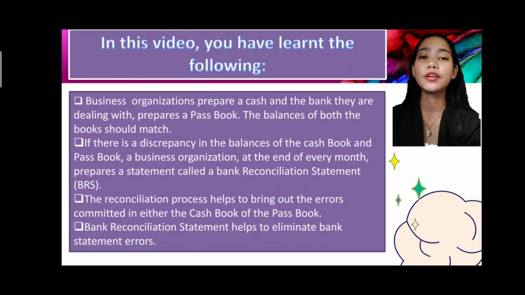Next one is, the reconciliation process helps to bring out the errors committed in either the cash book or the passbook. And the last one is, the bank reconciliation statement helps to eliminate bank statement errors.